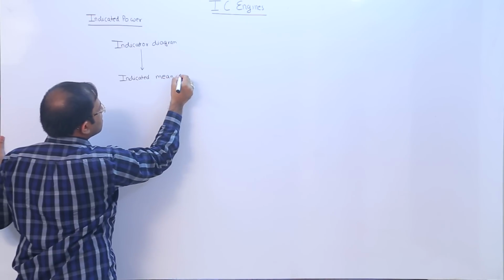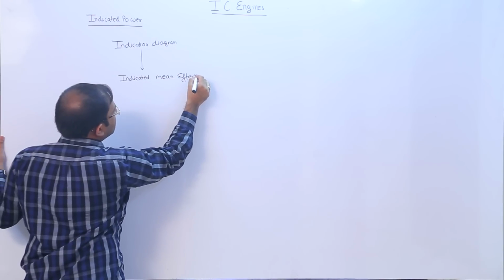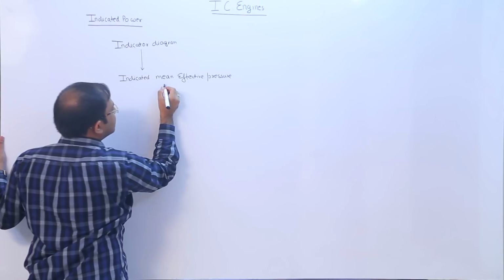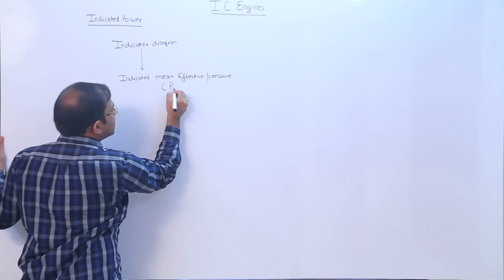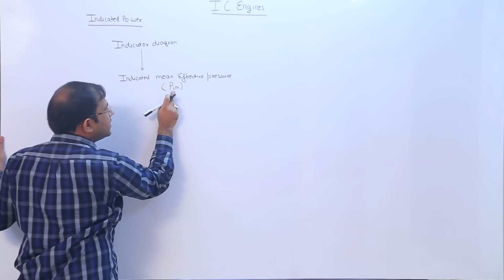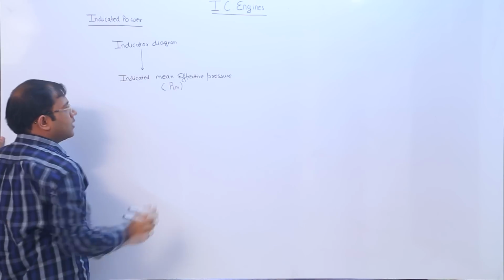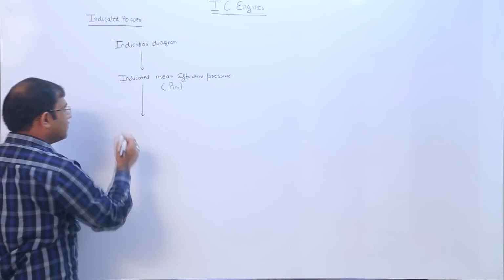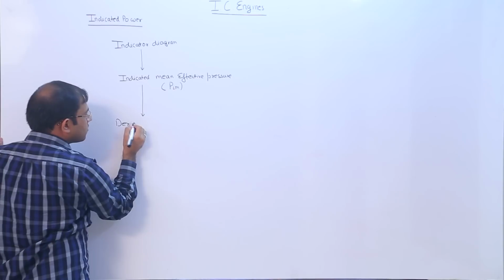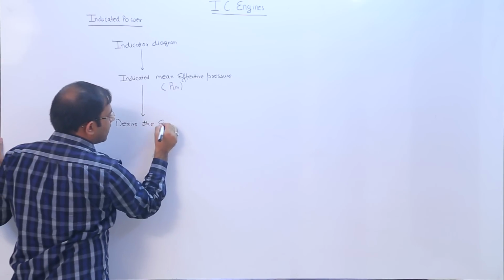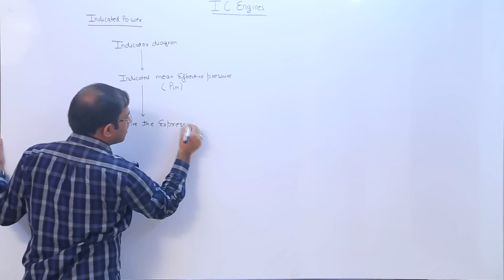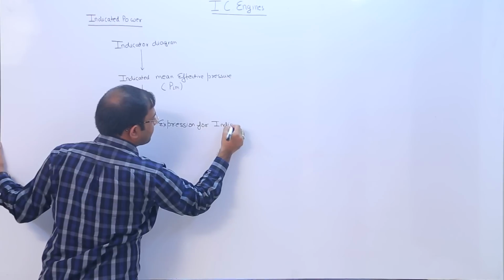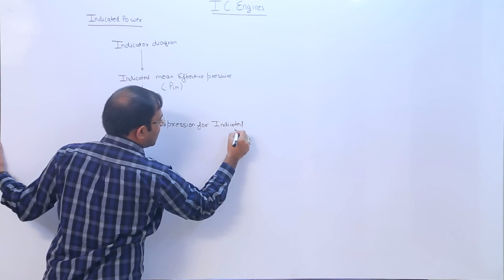Once we have studied the indicator diagram, then we will go for indicated mean effective pressure, and that is nothing but PIM, indicated mean effective pressure. And once we know what is indicated mean effective pressure, then we will derive the expression for indicated power.